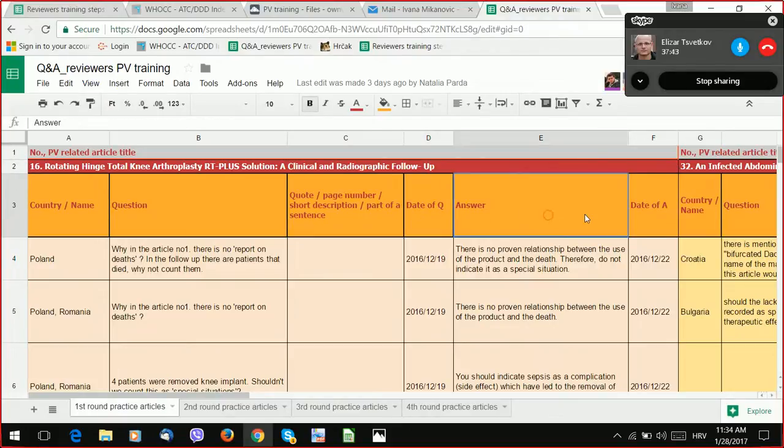The answer and the date of answer you don't fill in, because our medical advisor is filling in these columns.